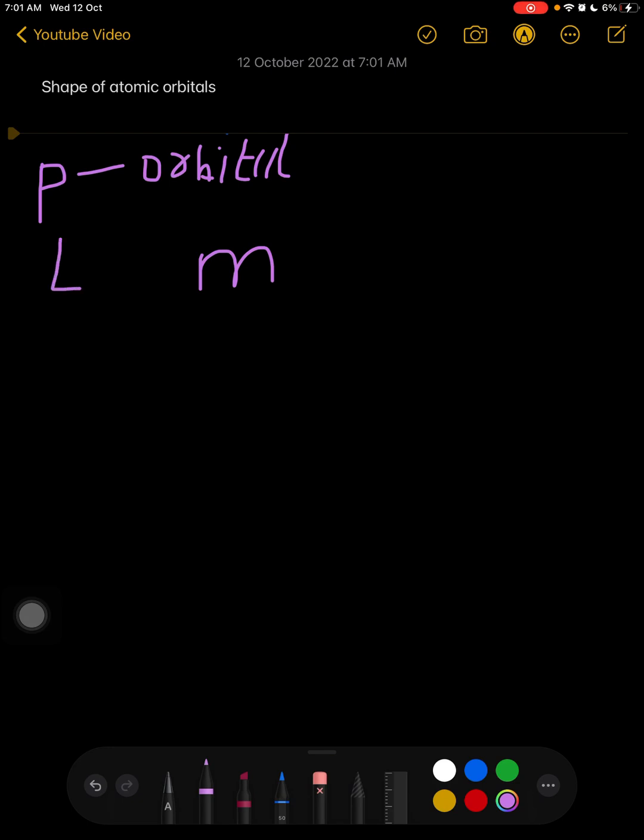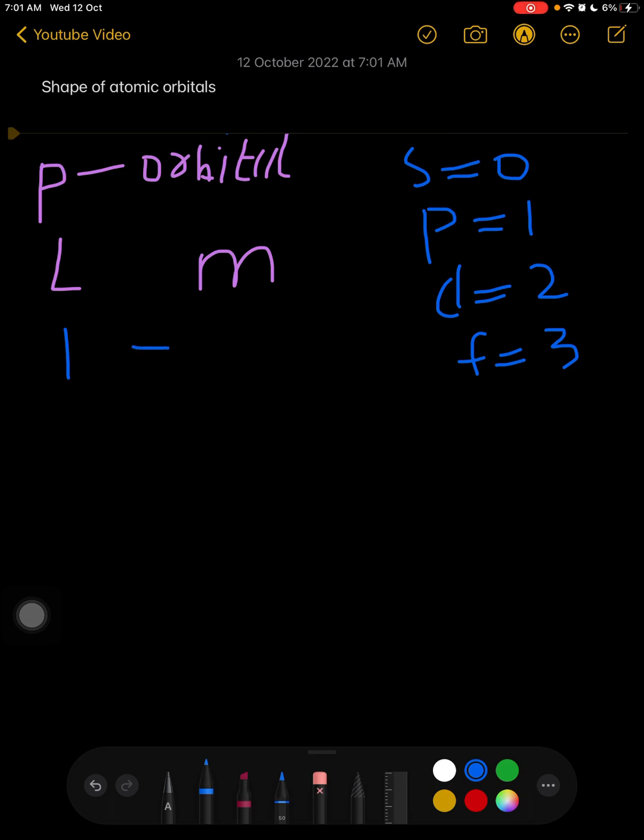Here we are not considering any shell, right? So we know that s is equal to 0, p is equal to 1, d is equal to 2, f is equal to 3. These are the azimuthal quantum numbers. So p is 1. The magnetic quantum number, or orbital orientation number, m will be -1, 0, +1.